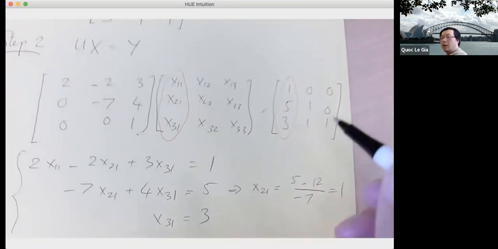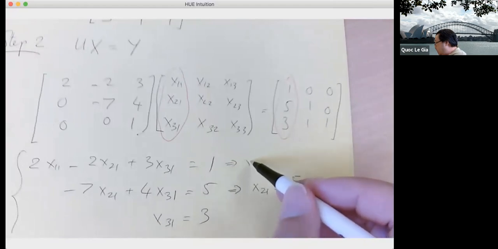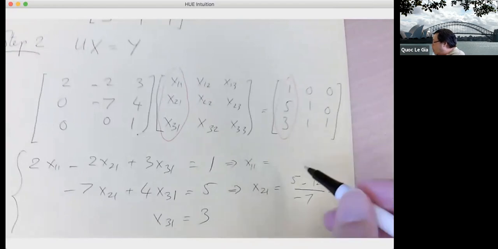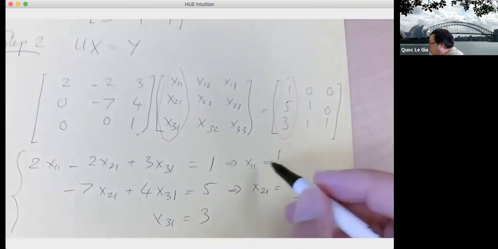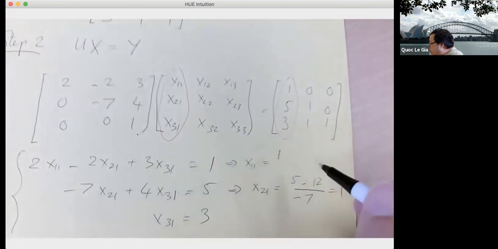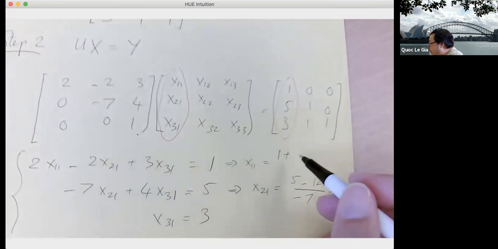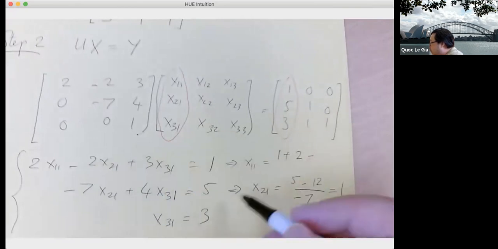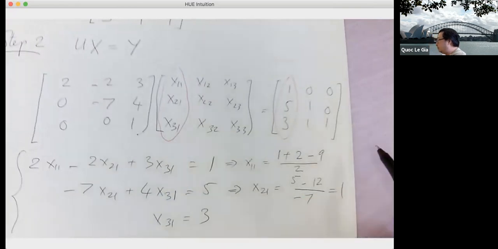And then this one gives me x11 equals 1, then plus 2, because minus 2 becomes plus 2, minus 3 times 3, so minus 9, divided by 2.